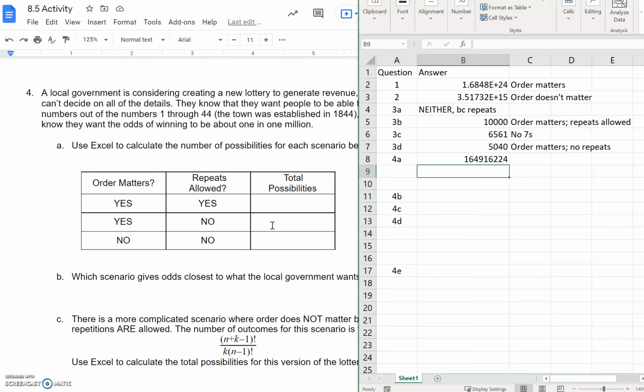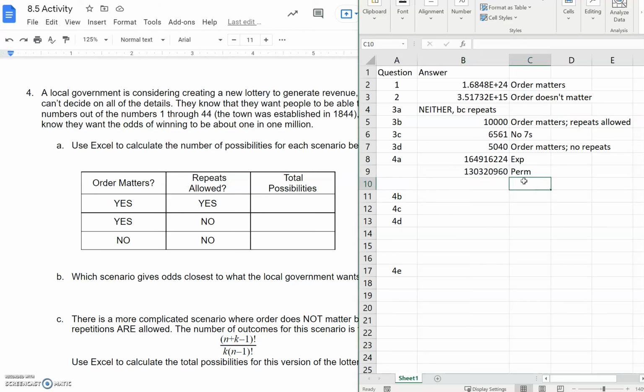In the second row, the second empty row here for total possibilities, we say, okay, order does matter, but no, you can't have repeats. So order matters sounds like a permutation, right, with no repeats. And the first case was just using an exponent. So we're going to say, okay, equals permute of the 44 numbers, choose 5 of them.